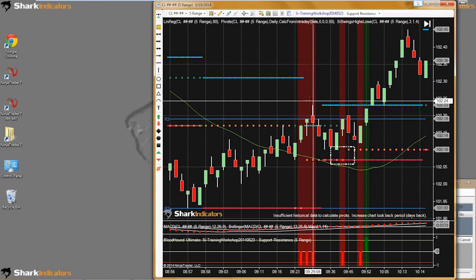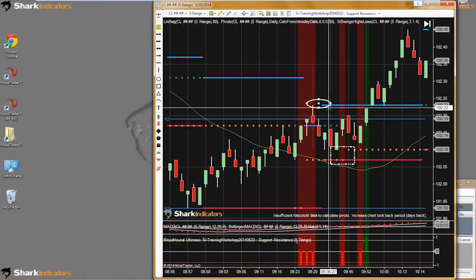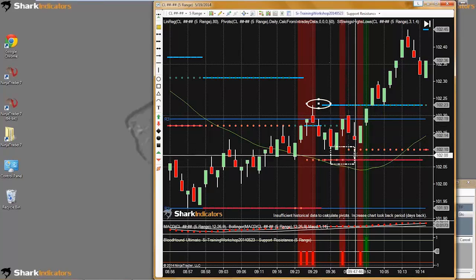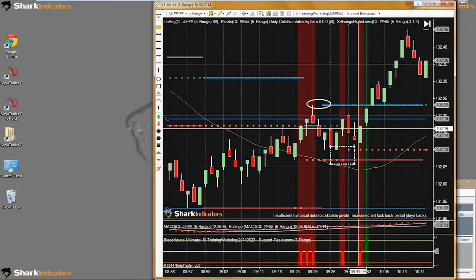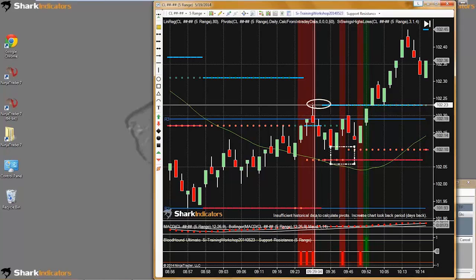And so we can see we had this high point made right here. We're going to find this higher low by looking for the dots to step up, and then we'll wait for price to cross this higher high.